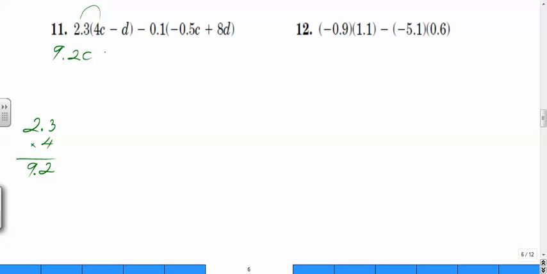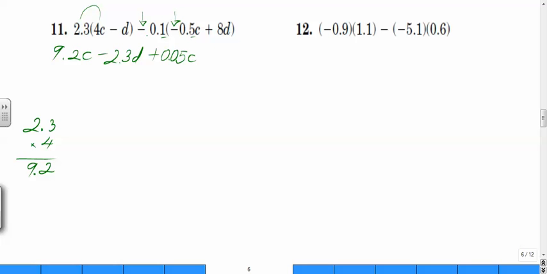C. And then I have 2.3 times d, which is 2.3d minus, okay, 0.1 times 0.5. Same rule, you multiply 1 times 5, which gives you 5. Now because you have 2 digits over the decimal, right? You should have the same, so it'll be 0.05. But now be careful, with negative 0.1 times negative 0.5, that should give you positive 0.05c.